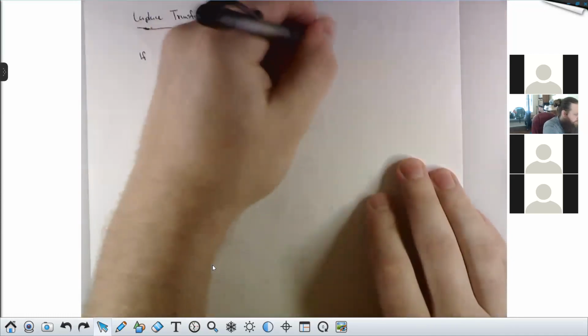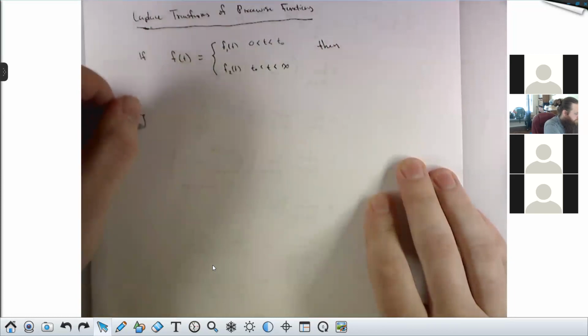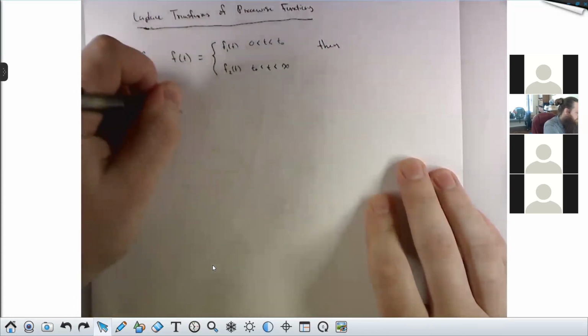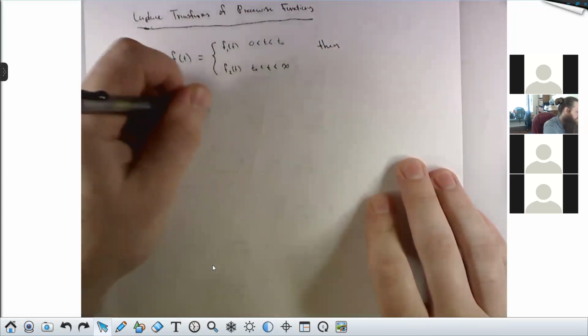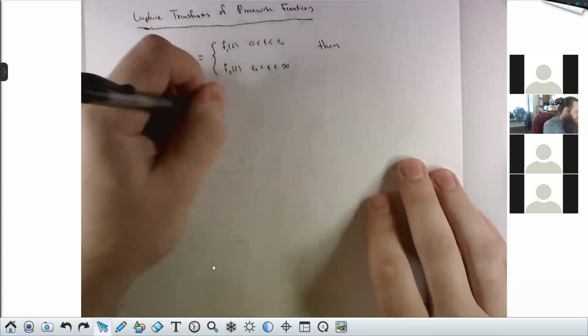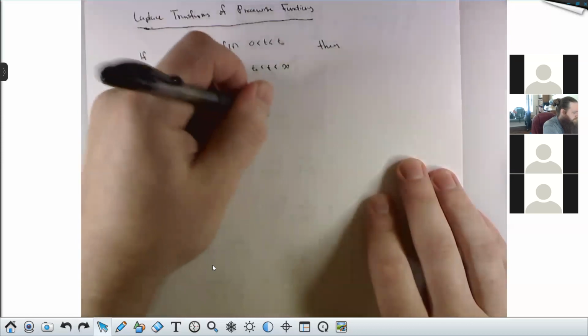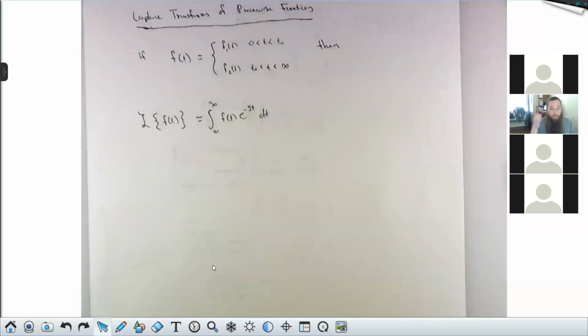Then to calculate the Laplace transform of f, you have to split up the integral. So this would be the integral from 0 to infinity of f of t e to the negative st dt. I'm showing you this because some of the most important inputs on the right-hand side, as I mentioned last time, are the Dirac delta function, which is like a kick, a unit impulse function, but it's weirdly defined, kind of piecewise 0 and infinity.